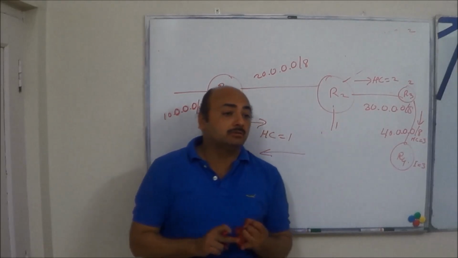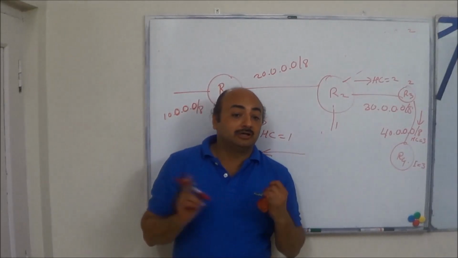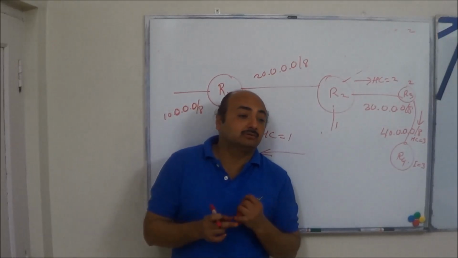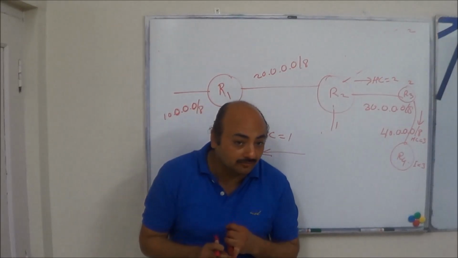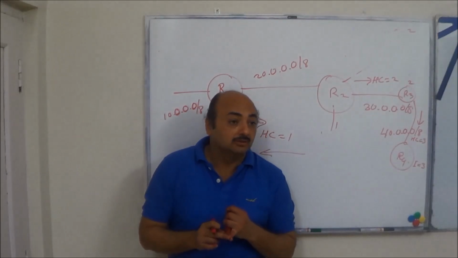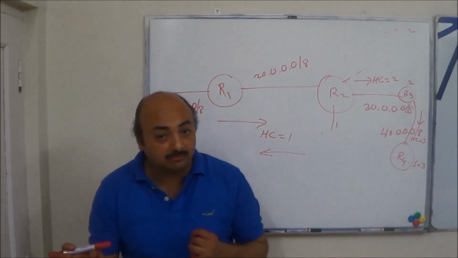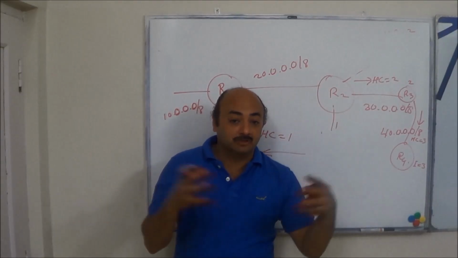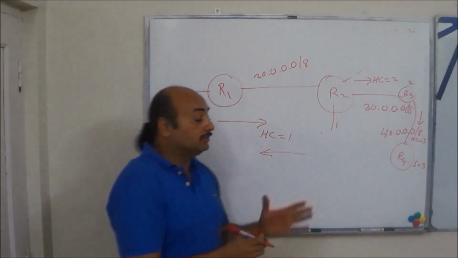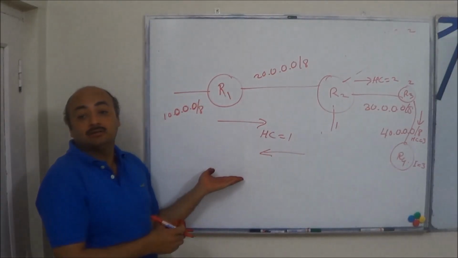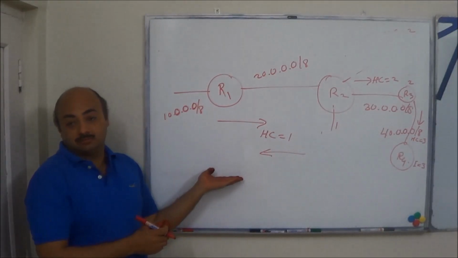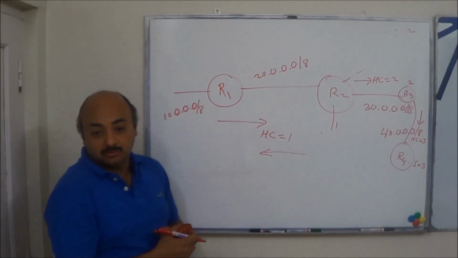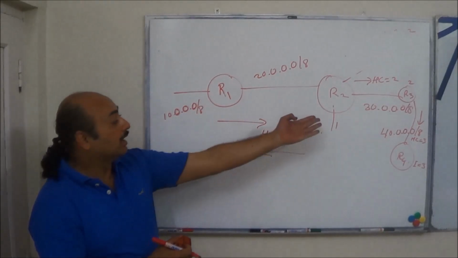So we have learned split horizon. Simple split horizon means that you do not advertise the same network back. Then we understood another concept: the maximum hop count of RIP is 15, which means if you advertise 16, it is unreachable. Merging these two concepts, the neighbor will advertise back, but with a hop count of 16, which R1 will treat as unreachable. The 10 network is unreachable via R2.